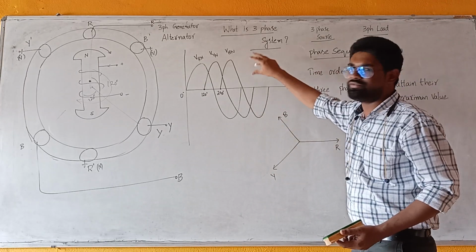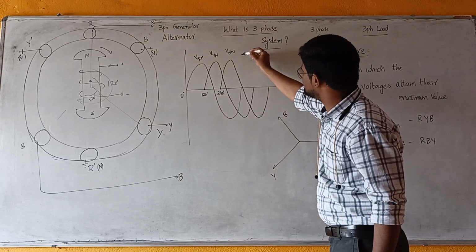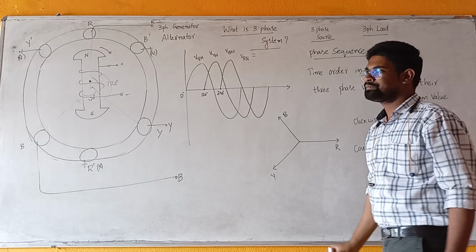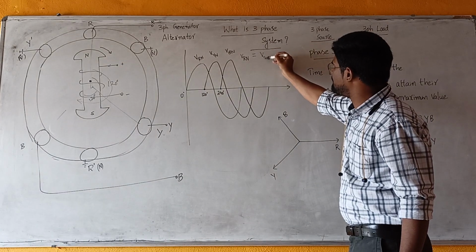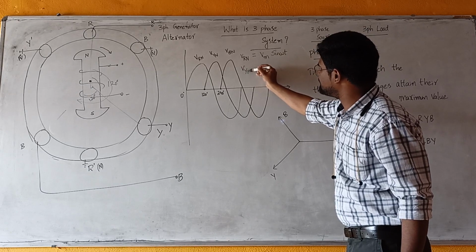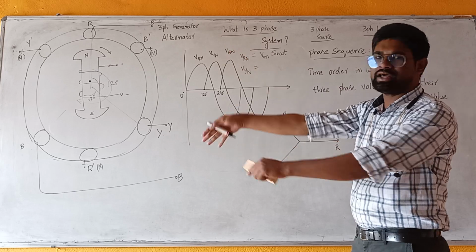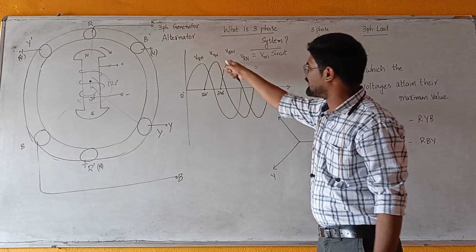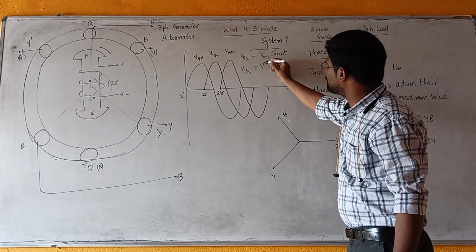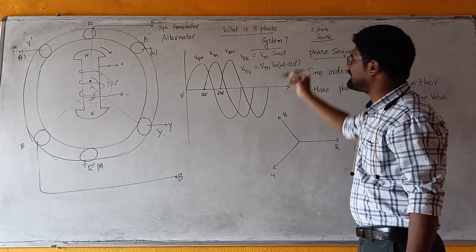And from this sinusoidal waveform, we can write the sinusoidal equations. What are the equations? Voltage induced in first coil is VRN and the instant equation is Vm sin omega t, and the voltage induced in second coil is VYN. Because the voltage is inducing after 120 degrees, the waveform starts at 120 degrees, lagging with respect to 0 degrees, we need to write Vm sin of omega t minus 120 degrees.